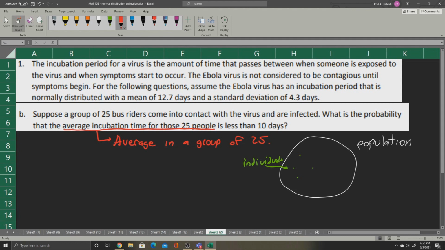This time is different because we are being asked about a sample within the population. This is a group of 25 people. Because we are not talking about individuals anymore, we will have to make certain adjustments to the standard deviation.